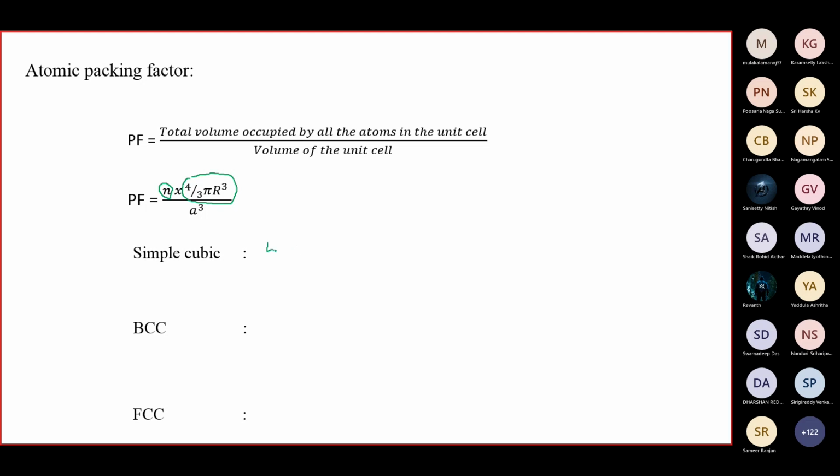Let's say 52%. Then for BCC, it is 68%. For FCC, 74%. BCC 68, FCC 74. So this is the atomic packing factor. Note down this.